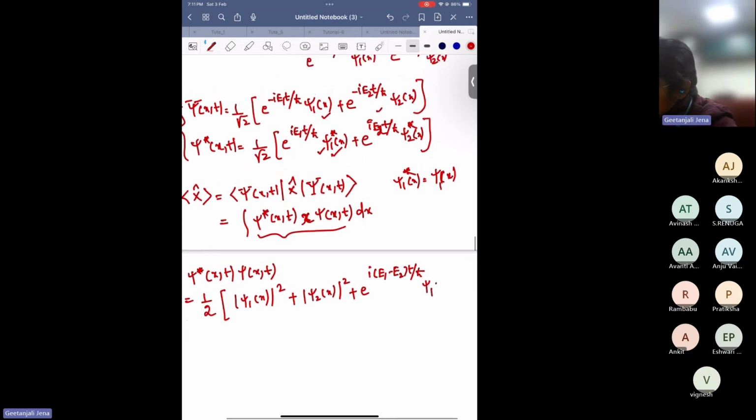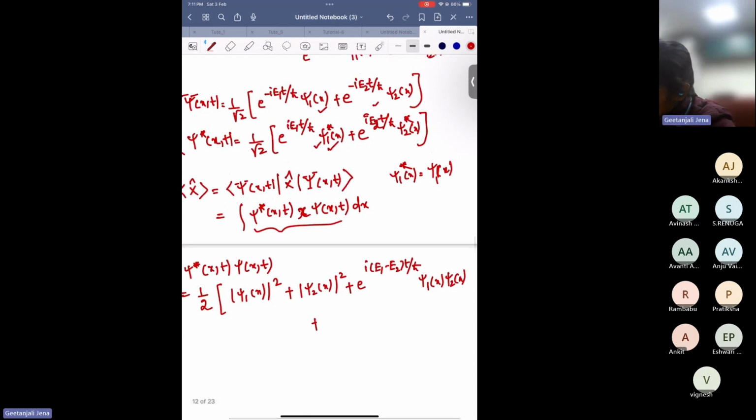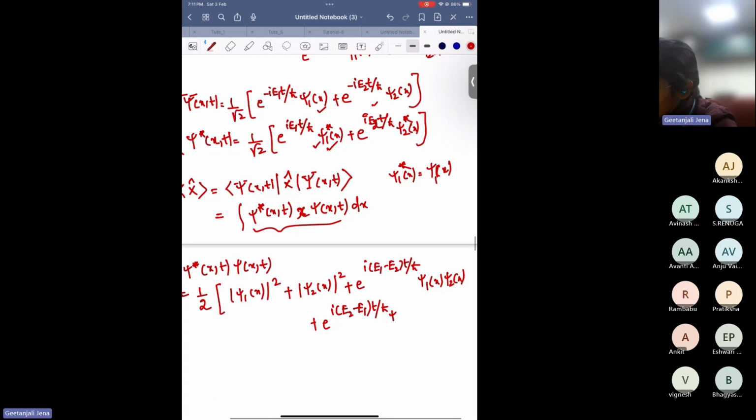This will give psi1(x) psi2(x). Plus there will be a term equal to e to power i (E2 minus E1) t by h cut psi1(x) with psi2(x). Okay.